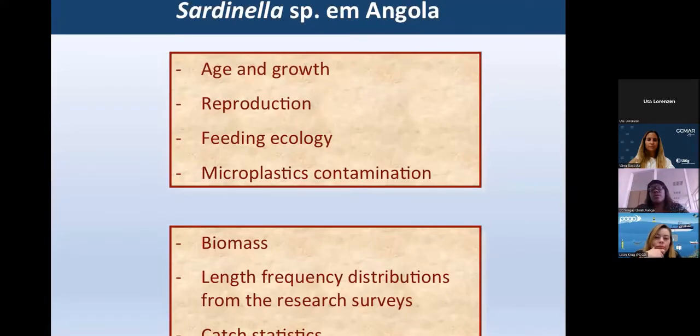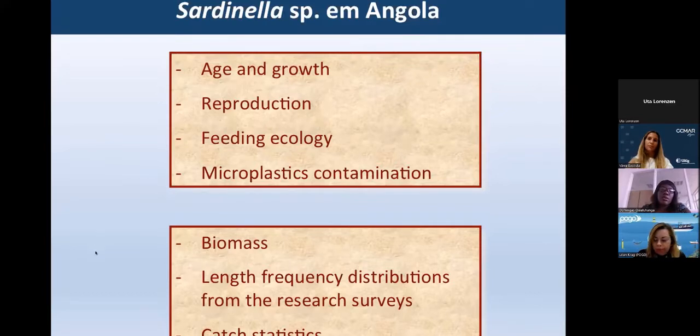What is known currently about the fishery biology? Currently, a study is being carried out on age and growth, reproduction, feeding ecology, and microplastic contamination of both species along the coast. For all of these 4 items, we already have some preliminary results. And in terms of biomass, we also know that those species currently show a relatively stable biomass along the coast.